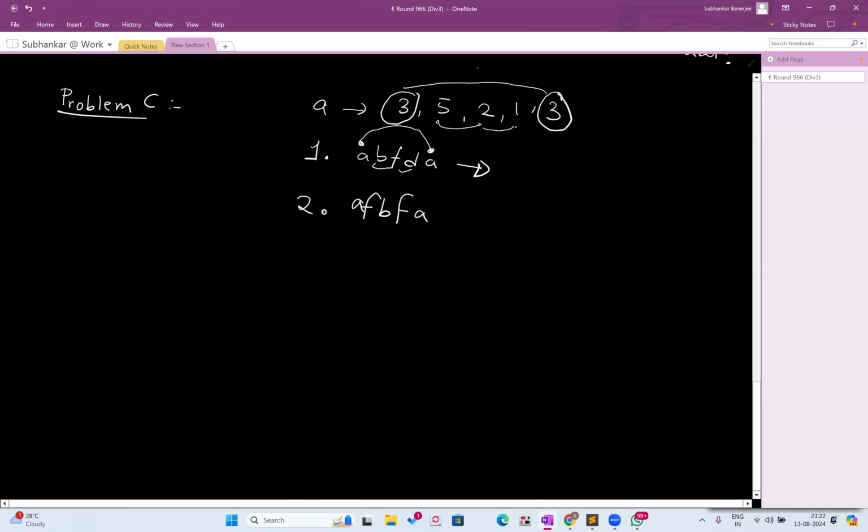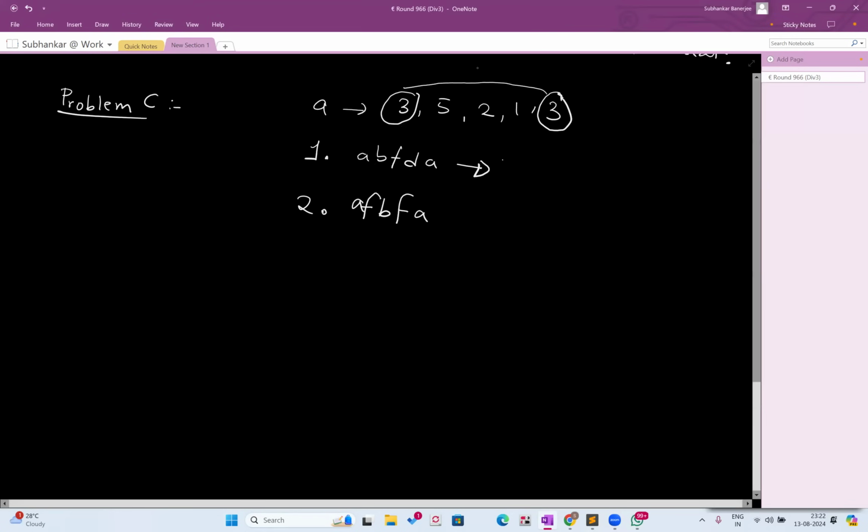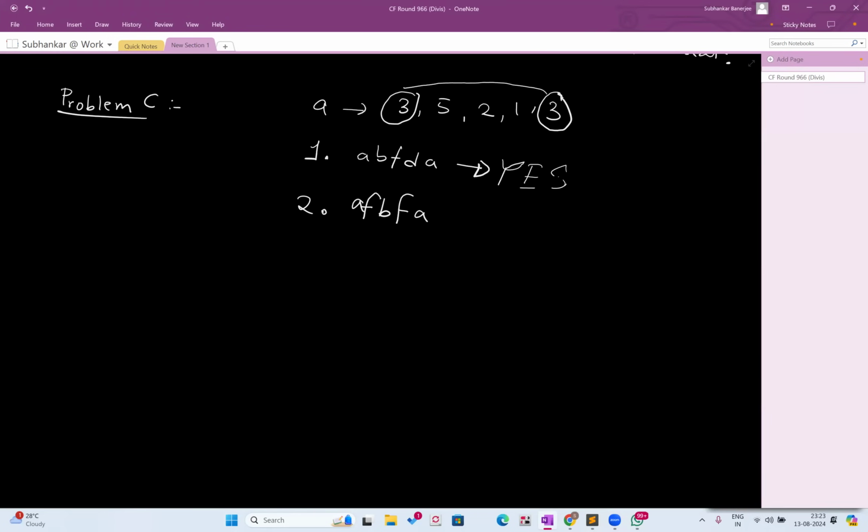So this is following the template. So the answer for this becomes yes, because wherever the array elements are equal, the string elements are also equal.